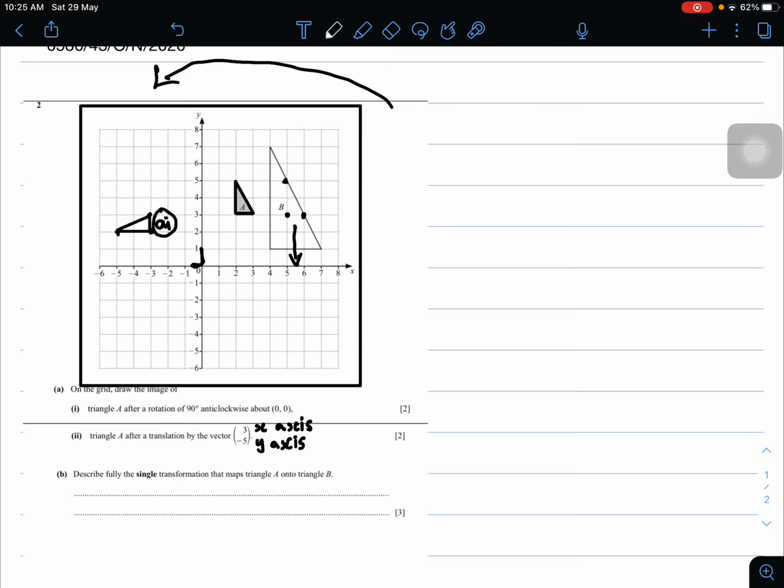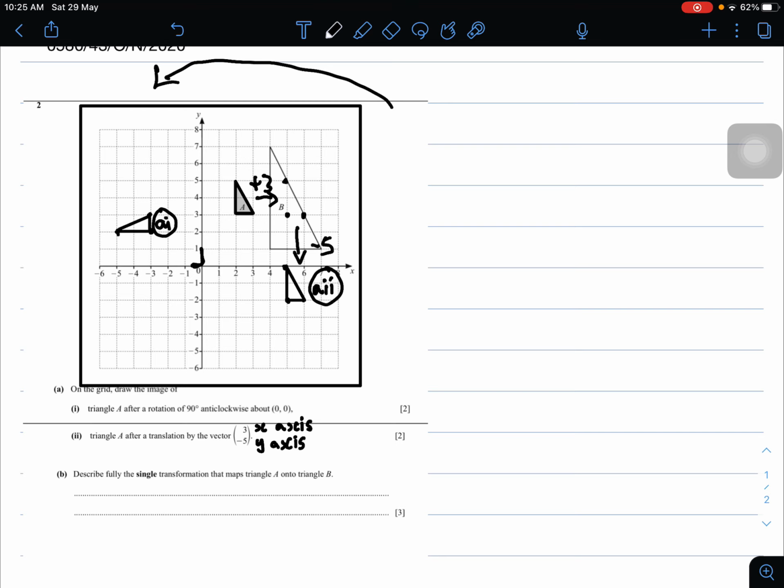So 3 minus 5 would give you minus 2. 3, again 3 minus 5 would give you minus 2. 5 minus 5 would give you 0, therefore making this your final answer for A part 2. Let's cancel this for now. So write it more neatly, minus 5 and this to here, positive 3.